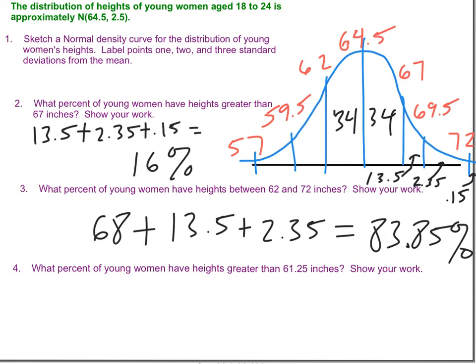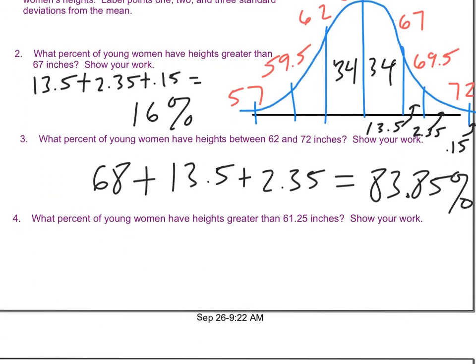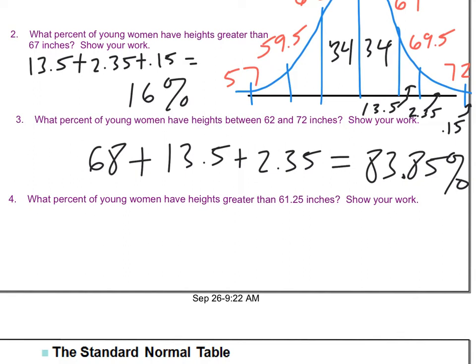Okay. Now read through number 4, and you'll see it poses a problem. The empirical rule is great, and all those percentages are great, but let me draw it out for you. 61.25 is not an increment of the standard deviation, right?